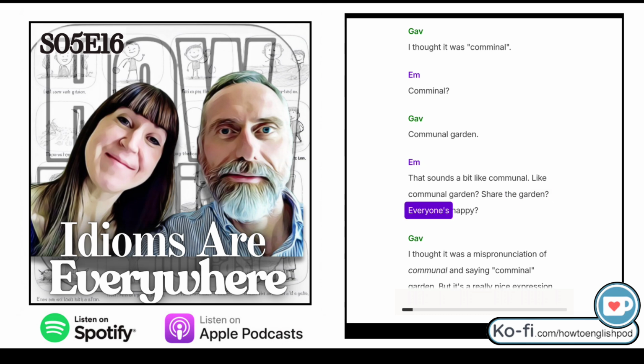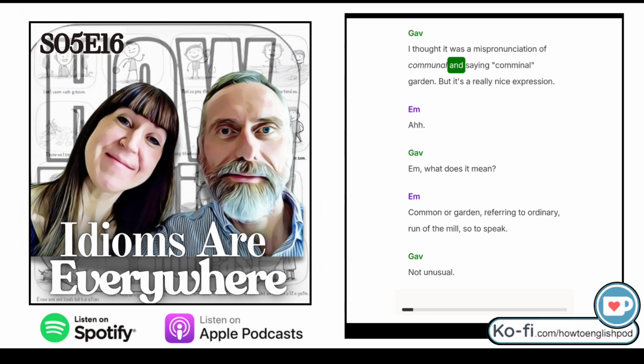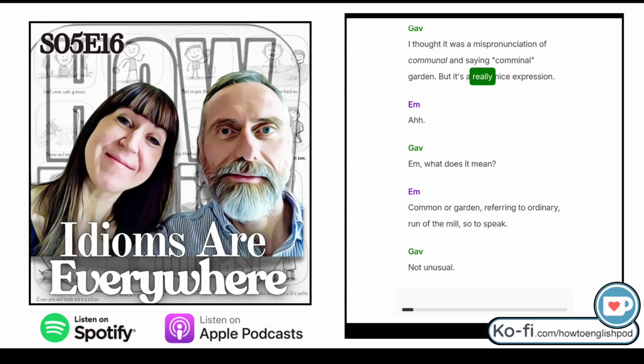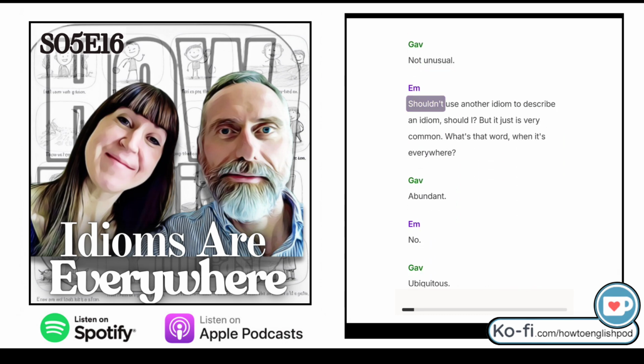Share the garden, everyone's happy. I thought it was a mispronunciation of communal, but it's a really nice expression. What does it mean? Referring to ordinary, run-of-the-mill, so to speak. Not unusual. I shouldn't use another idiom to describe an idiom, should I? But it just is very common.